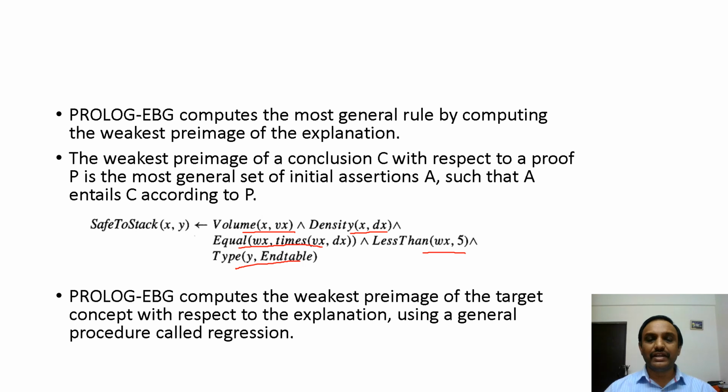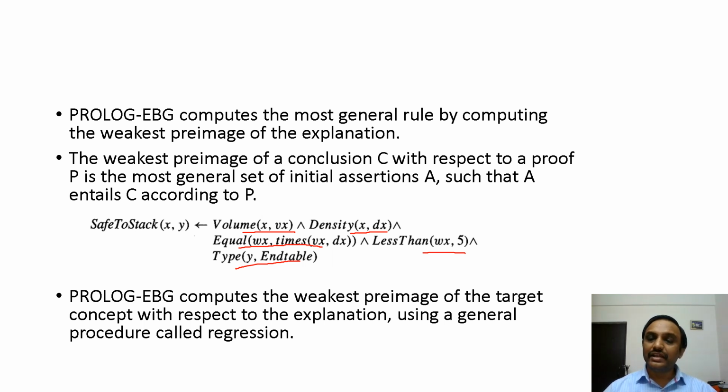We are taking a conjunction of all these initial assertions. By considering only these, it is not possible to come to a conclusion, so we have to perform further refinement on these assertions. In this case, the conjunction of initial assertions is the first weakest pre-image.